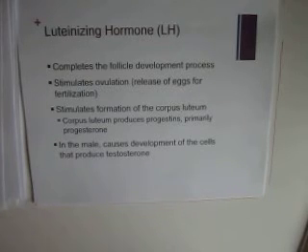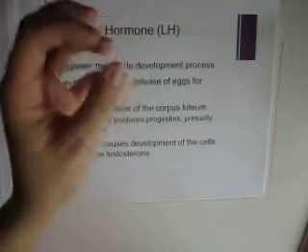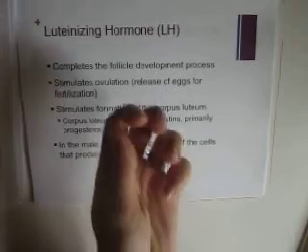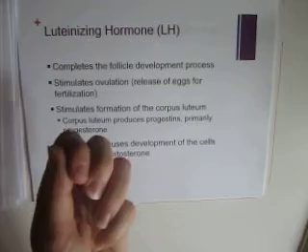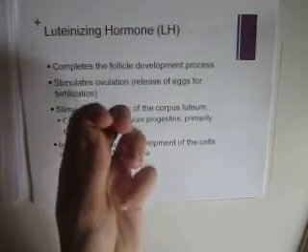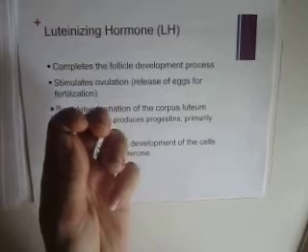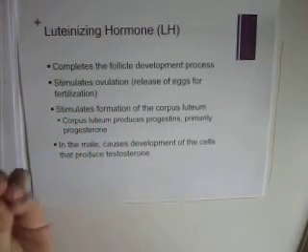The corpus luteum is the spot left over after they ovulate. That follicle kind of hemorrhages, and it becomes what we call the corpus hemorrhagicum, and then even further along the way it becomes white, and we call it the corpus albicans, the white body.